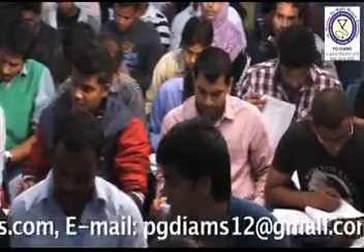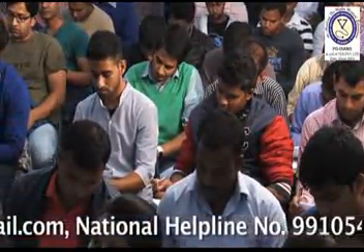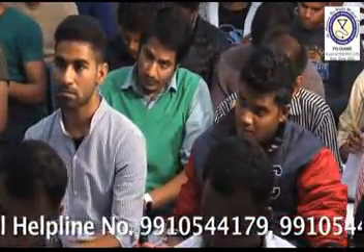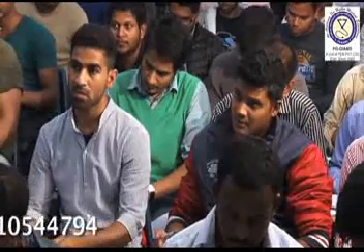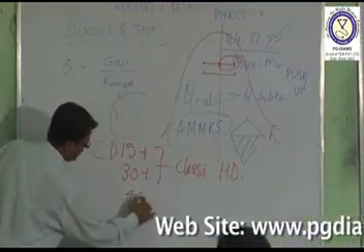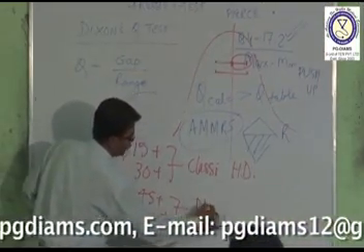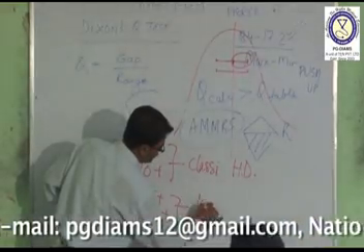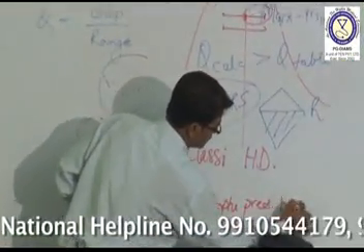So the diagnosis is quite clear. If you get CD15 and CD30 positive, you are talking about classical Hodgkin's disease. When you get CD45 positive with CD20 positive, you are talking about nodular lymphocyte predominant Hodgkin's disease.